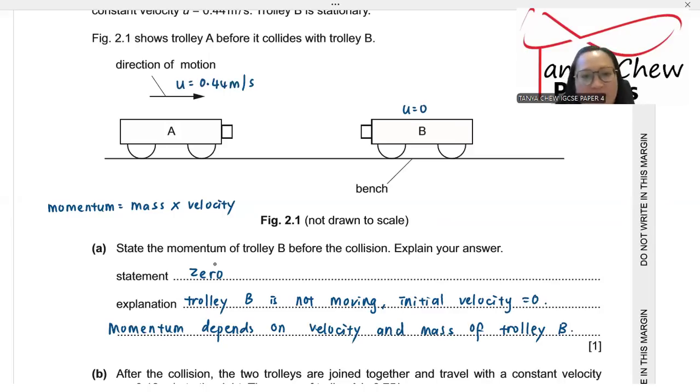You can say that because momentum depends on both mass and velocity, and since the velocity of trolley B is equal to 0, that is why the momentum of trolley B is equal to 0.